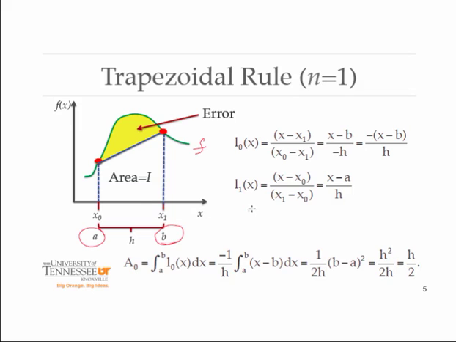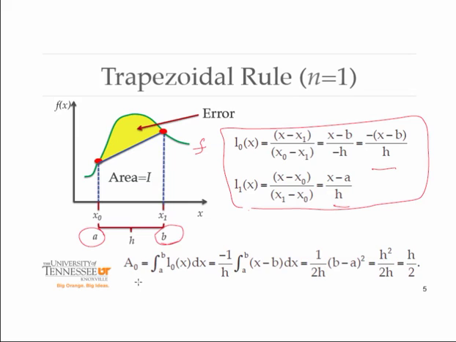But for now, here is the Lagrange interpolant constructed for the points x0, f of x0, and x1, f of x1. Those are the cardinal functions that we would canonically generate, just substituting the fact that x0 is a and x1 is b. These are the two representations of the cardinal function.